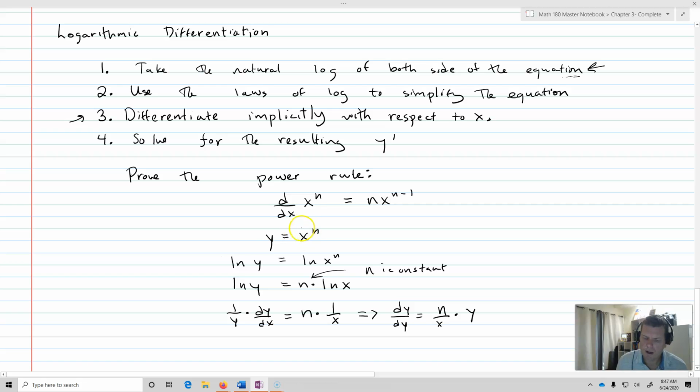Well, what's y? Remember, y is x to the n. So dy/dx equals n times x to the n over x, which equals n times x to the n minus 1. And we have proven our power rule.